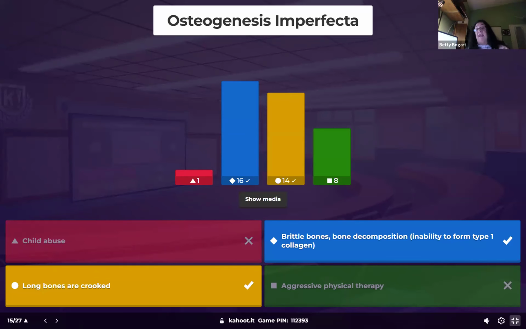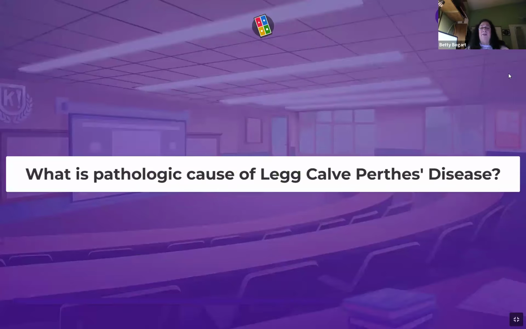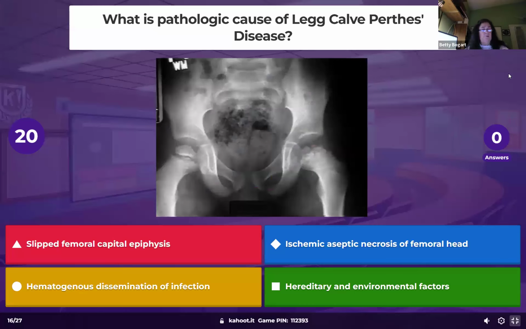So that's something that can happen. But this is a condition, brittle bones, and everything is crooked, and there's nothing you can do about it. It's all supportive. What is the pathologic cause of Legg-Calvé-Perthes disease?